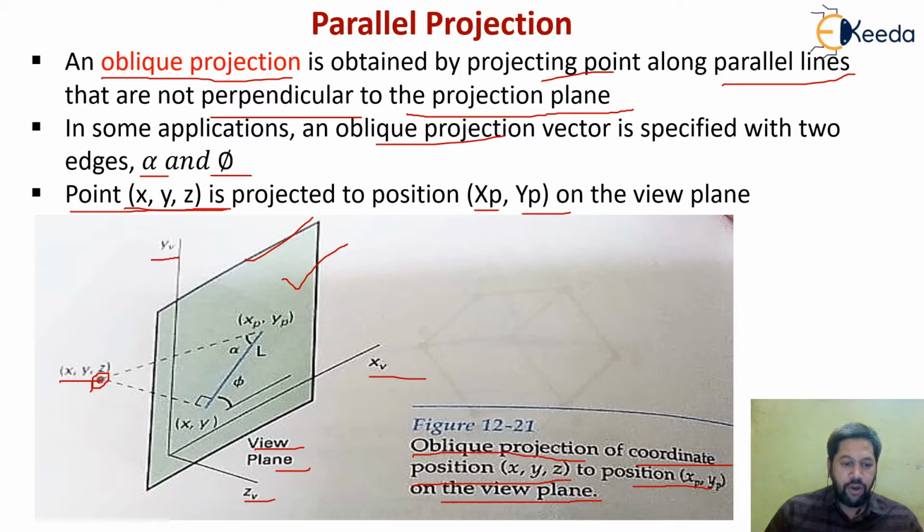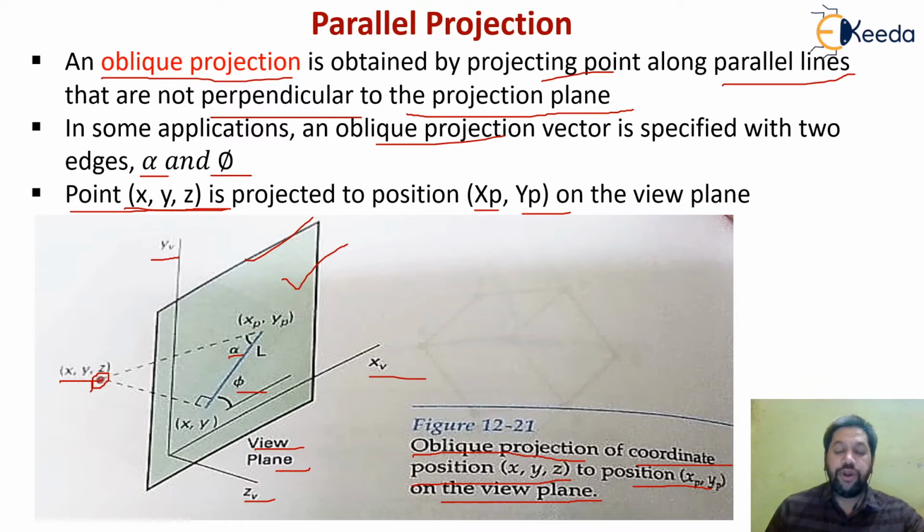The angles here may be phi as well as alpha, and we are in a position to change these angles to get the appropriate image of the oblique projection.